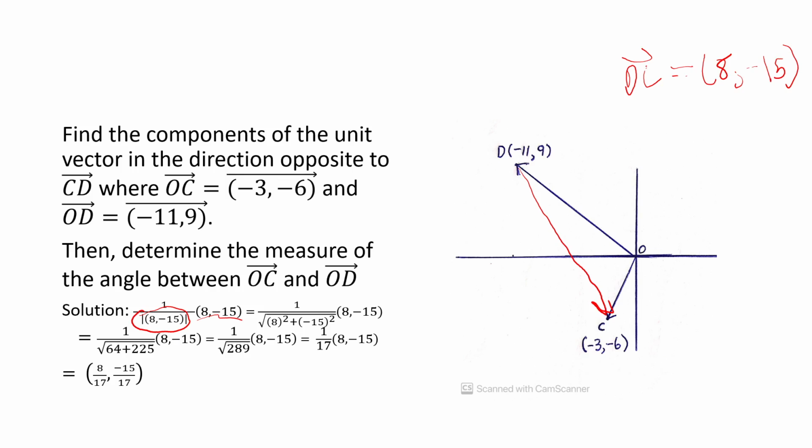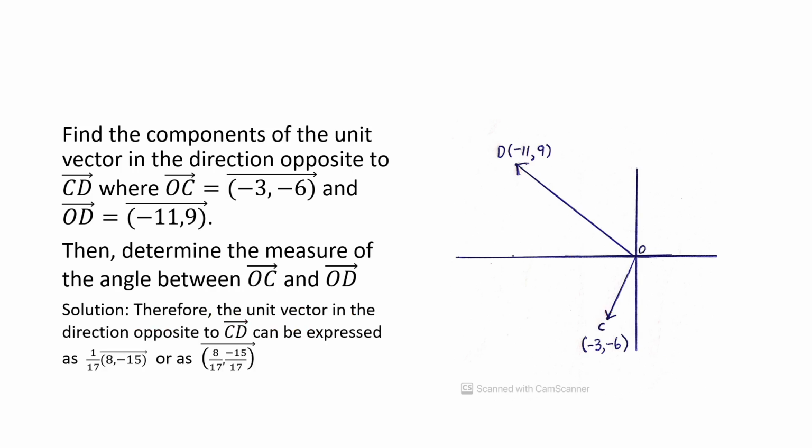So the magnitude of 8, -15 is given by the square root of 8 squared plus -15 quantity squared, which ultimately equals 17, telling us that 8, -15 is 17 units long. So multiplying that vector by 1 over 17 maintains the same direction, but makes the resulting vector only 1 unit long. In other words, a unit vector in the direction that we want it to be.